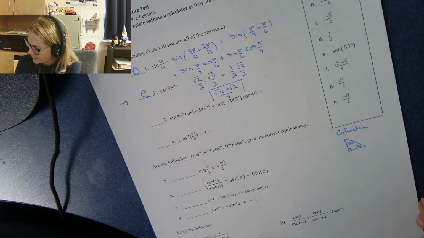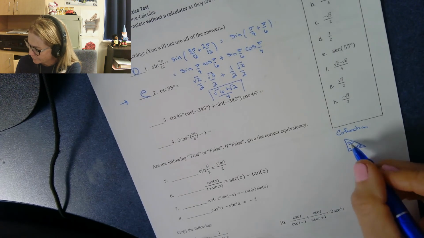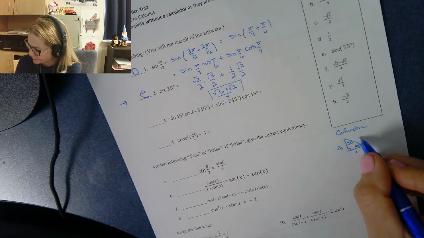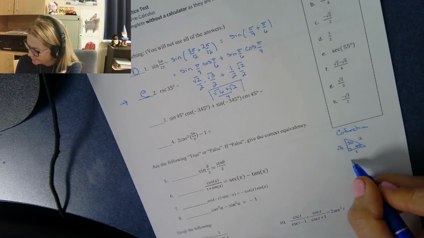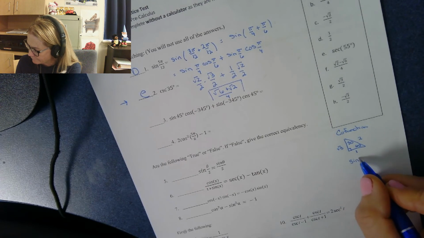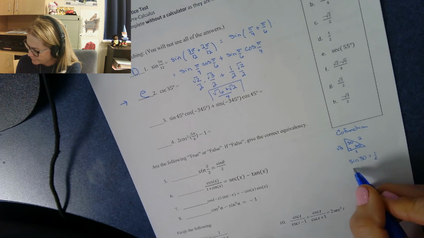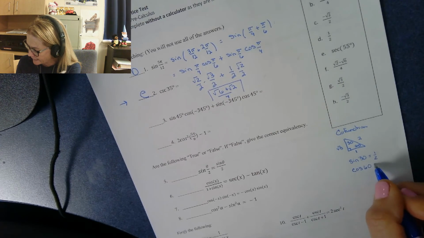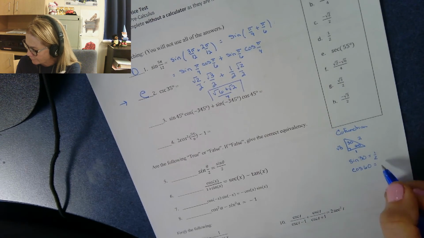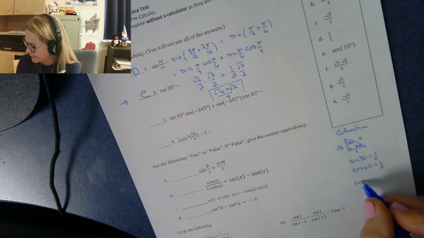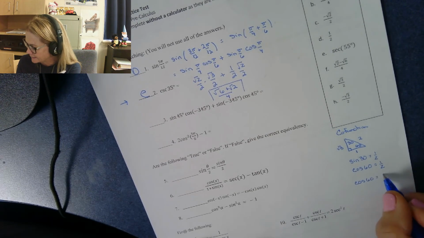If you were to put all your values in, this would be 1, this would be root 3, and this would be 2. So if you were to do the sine of 30 degrees, you would get 1/2. And if you were to do the cosine, so notice I switched the angle of focus, and I also switched to a cofunction, you would also get 1/2. So the cosine of 60 is the same as the sine of 30.